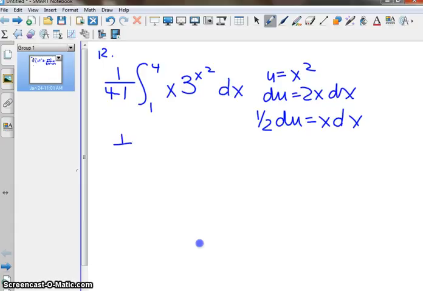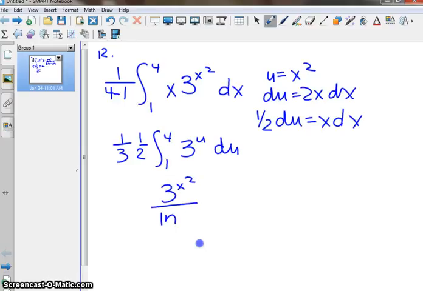Okay, so now we substitute. So 1/3 times 1/2, the integral from 1 to 4 of 3 to the u du. My formula for a to the u is a to the u divided by the natural log of a. Our coefficient in this case is 1/6.